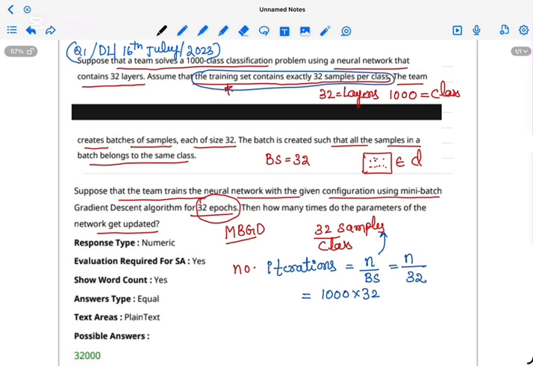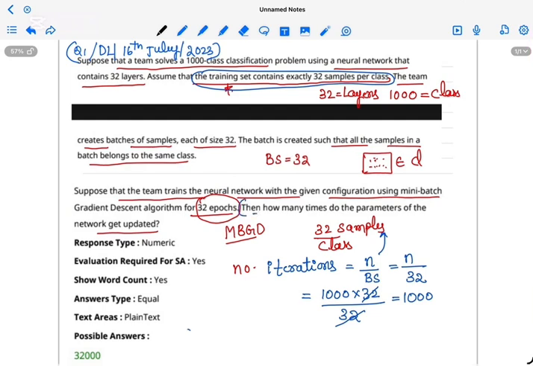For each of the 1000 classes, it is 32 samples, so 32 into 1000 samples divided by batch size 32, which cancels. That is, the number of iterations equals 1000.